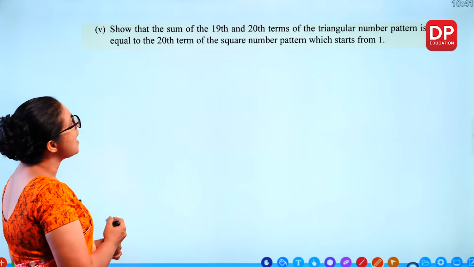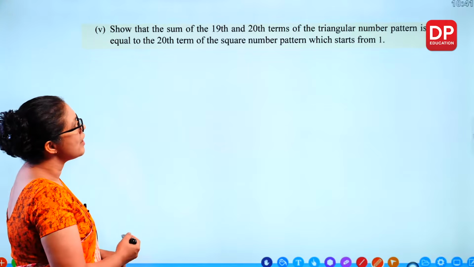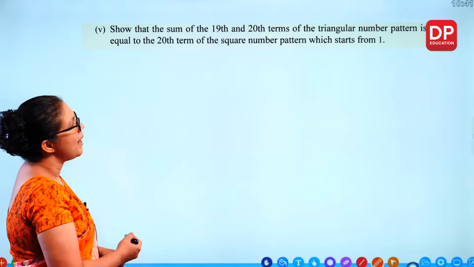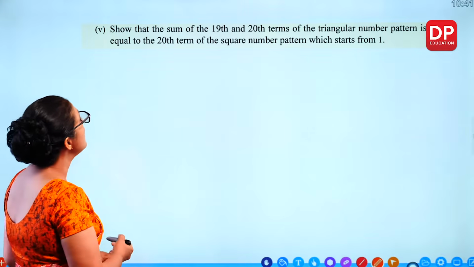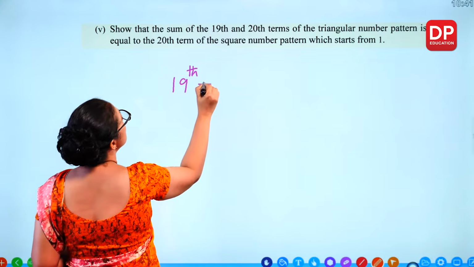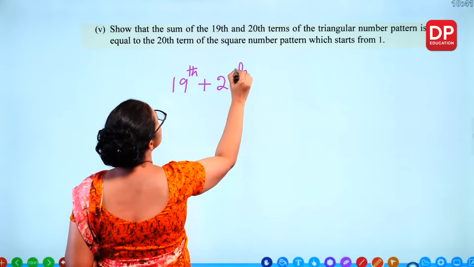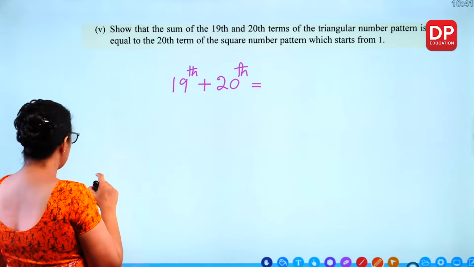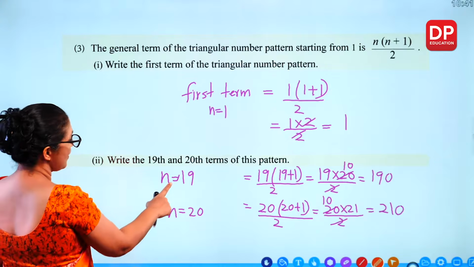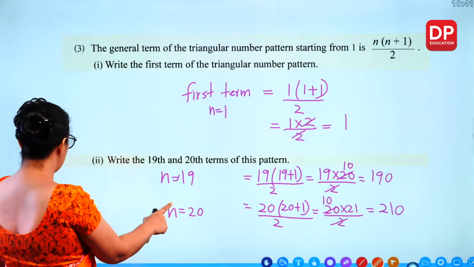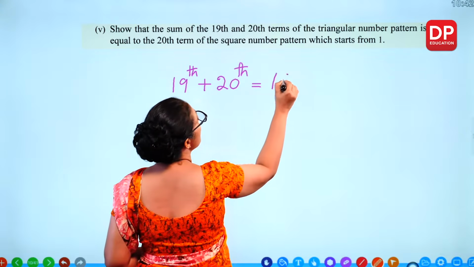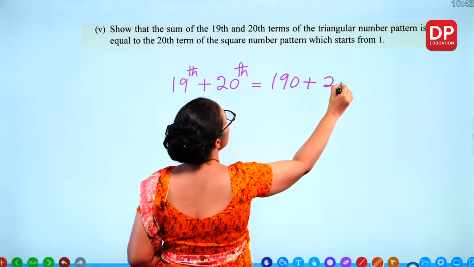Show that the sum of the 19th and 20th terms of the triangular number pattern is equal to the 20th term of the square number pattern, which starts from 1. So we'll look at it. We found out the 19th triangular number, 190, and the 20th, 210.